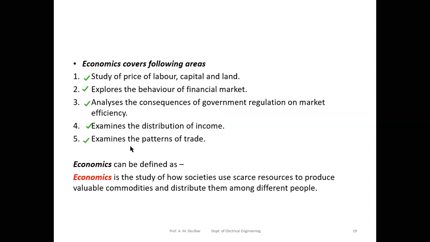Next, it examines the patterns of trade. Now, trade is the financial or economic activity of earning and spending. This particular trade is the give and take of different types of goods and services. How people change their behavior depending on what kind of financial situations they face, we call those patterns.